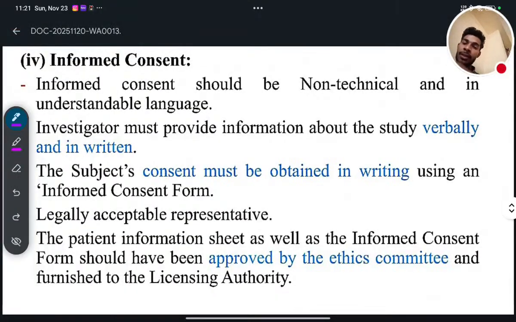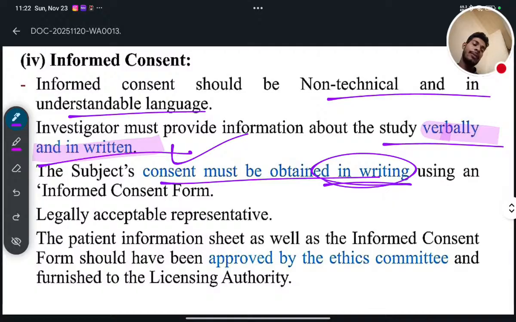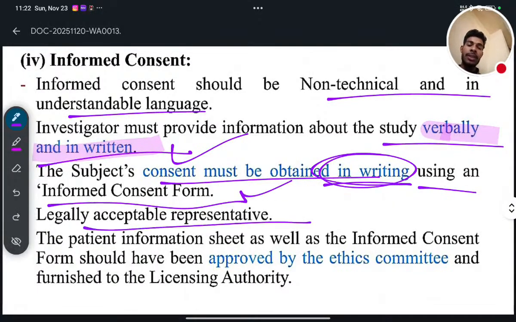Next, informed consent. So what are the things you have to inform? The consent should be non-technical, in handwritten documents and understandable language. Investigator must provide the information about the study verbally and in writing. Already I mentioned earlier, verbally and in writing. Next, the subject's consent must be obtained in writing using an informed consent form, from the subject or a legally acceptable representative.